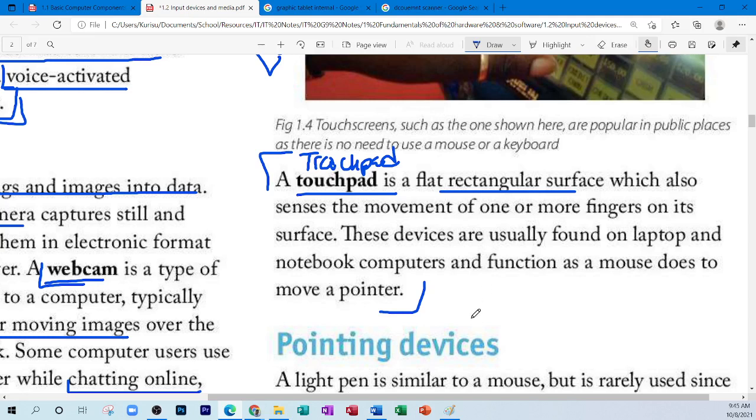That is your trackpad. It's a touch sensitive device. Now, as mentioned, it can be found on laptops, notebook computers, and it functions like the mouse. So just like how your desktop would have a mouse, and when you move it, it moves the cursor, the trackpad moves the cursor on a laptop or a notebook.